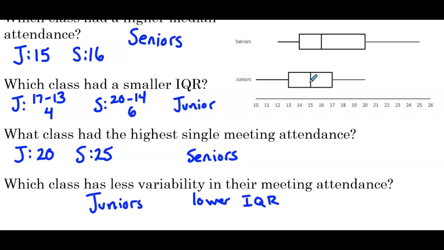Right, so having a smaller IQR means 50% of the data is in a much smaller interval than compared to the senior class. Okay, so that's how we can compare variability. And it's tough to say there's a perfect answer each time, but what we're looking for is you to justify your reasoning, right? Why did you pick the juniors, or why did you pick the seniors? Is there some statistic that backs up your choice?